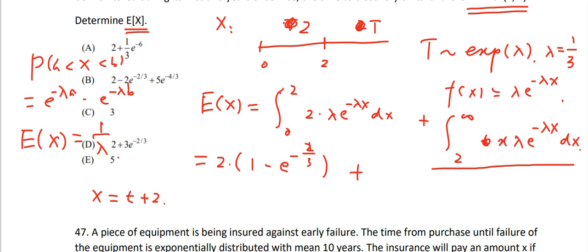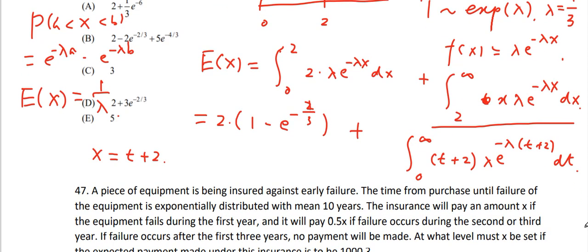So this integration becomes from 0 to infinity, and x becomes t plus 2, so we have (t plus 2) lambda e to the negative lambda (t plus 2) dt. Okay, we just use the fact that the integral of t lambda e to the negative lambda t equals 1 over lambda, which equals 3. Right?